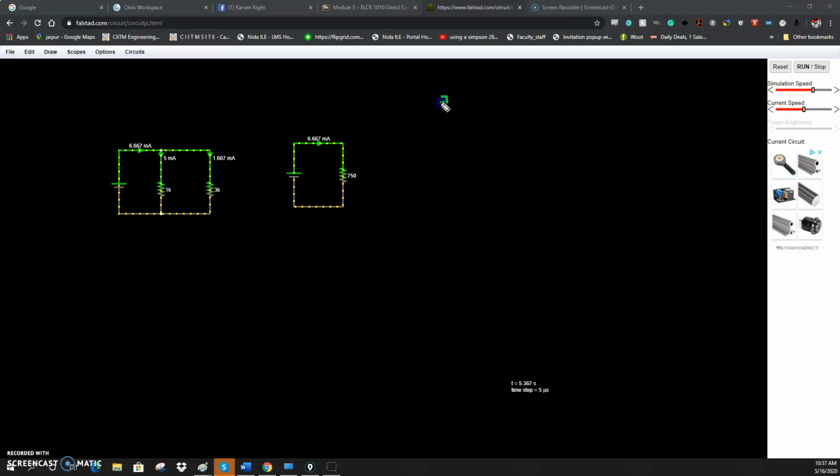And I just simply said 3 times 1 over 3 plus 1, which equals basically 3/4. And I knew that the decimal version of 3/4 would make it 0.75K or 750 ohms. So I just made an equivalent circuit.